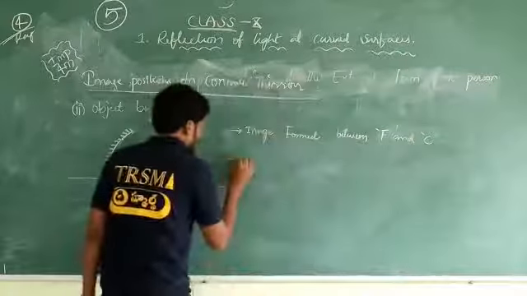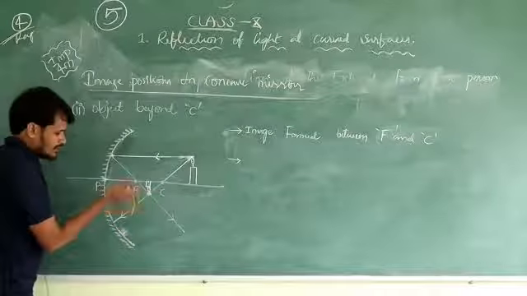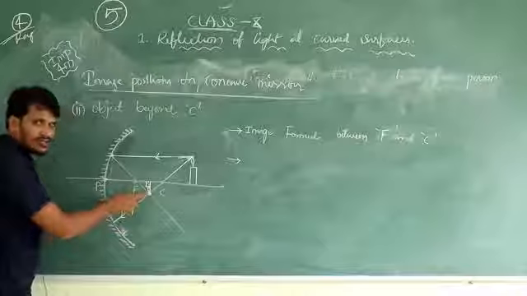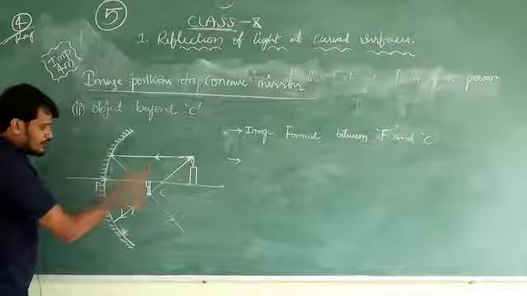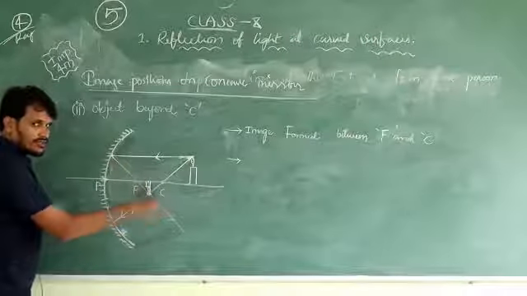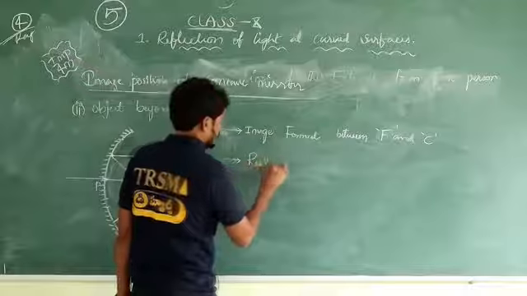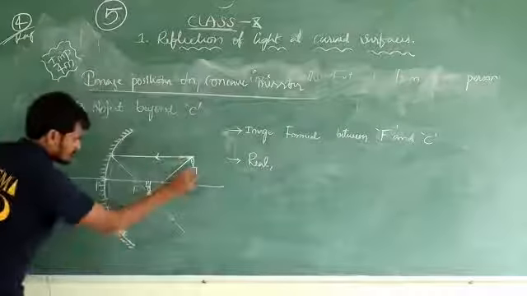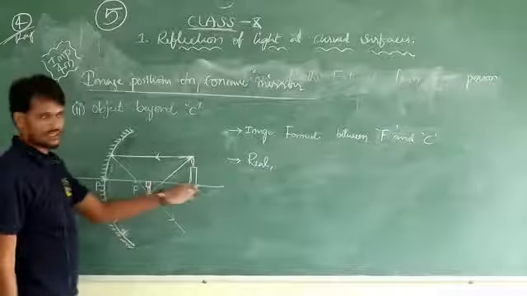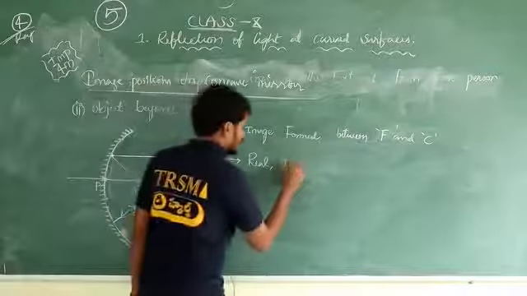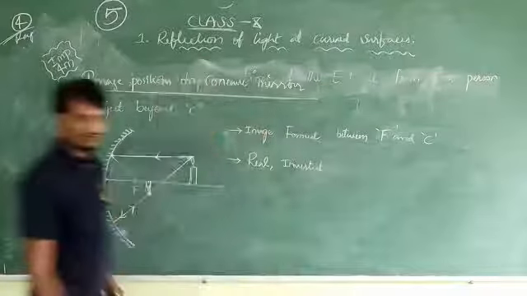Tell me which type of image it is. Is the image formed due to converging or diverging? Converging. And it is formed in front of the concave mirror. I told you, the image formed in front of a concave mirror is a real image. It is inverted, the reverse of the object.